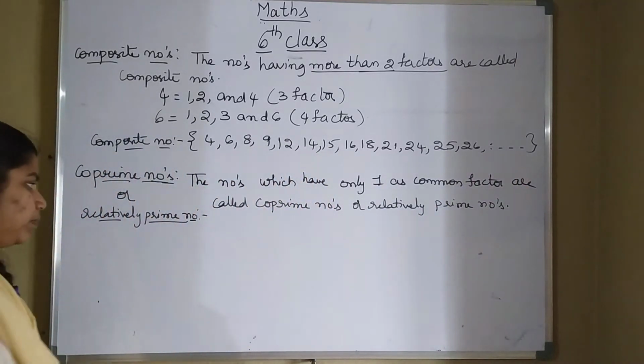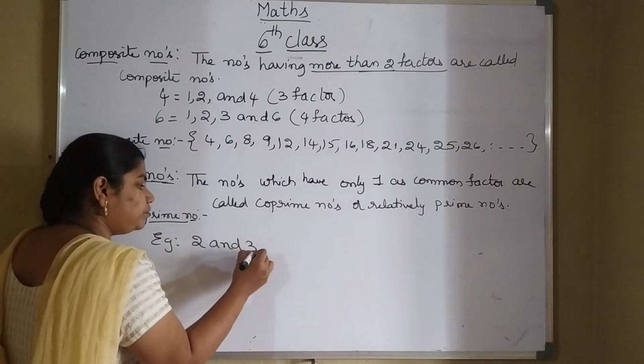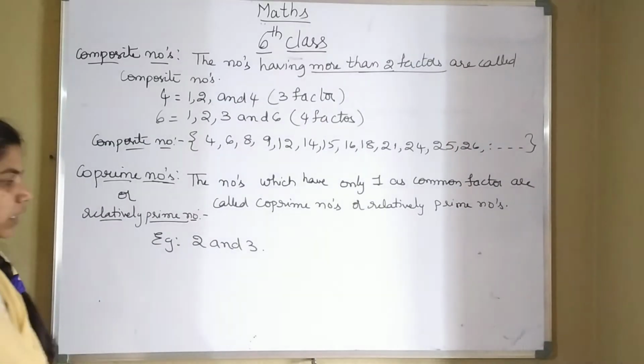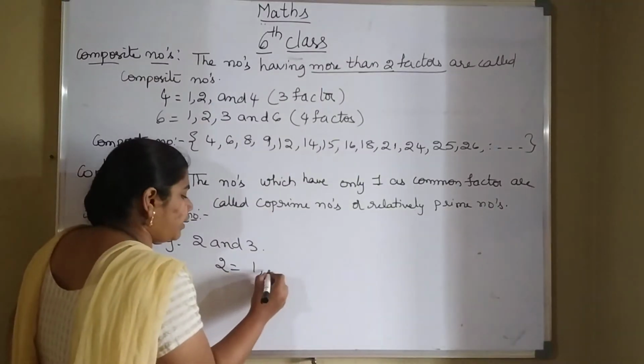So what are co-prime numbers we will see. For example, I am taking two numbers, 2 and 3. So what are the factors of 2 here? 1 and 2.